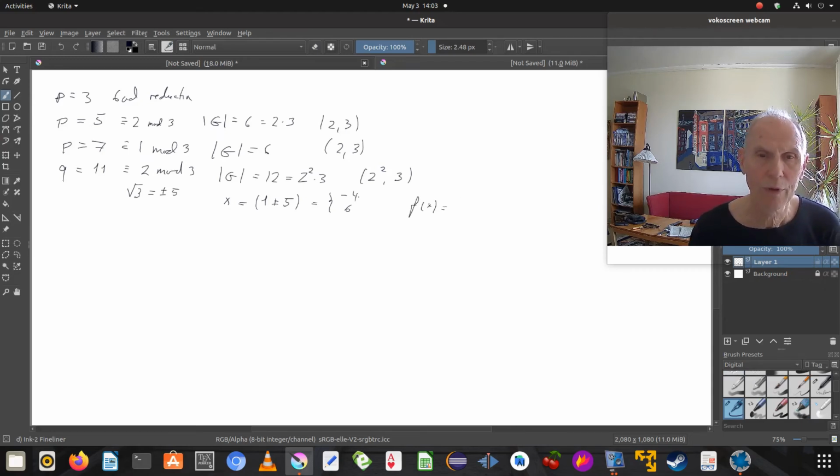Oh, never mind. Let's do that in Maple and then check the result I get when I insert in the formula above. 9 plus minus 6. This is weird.